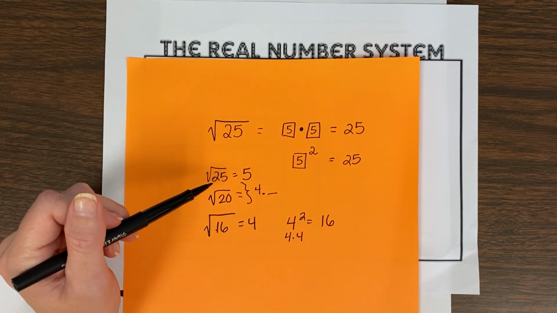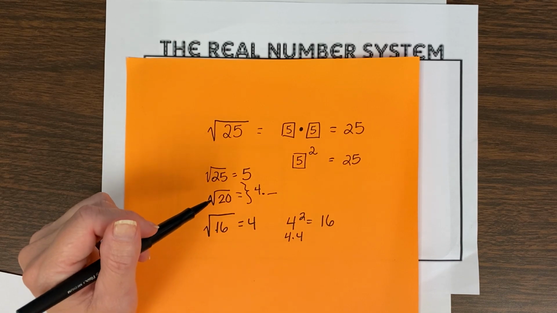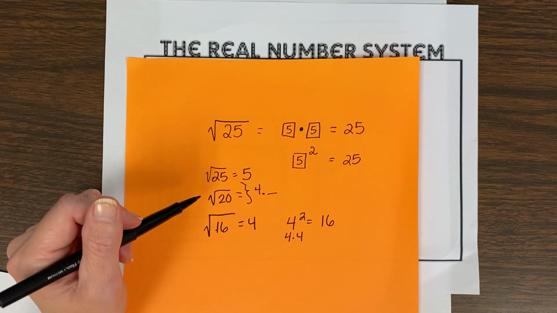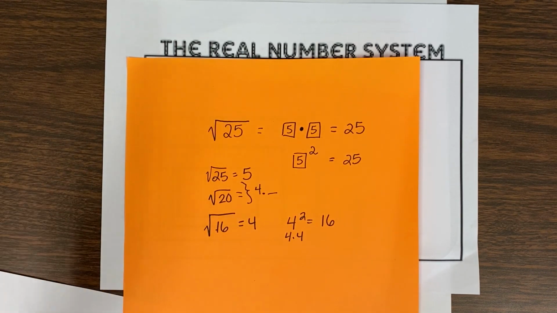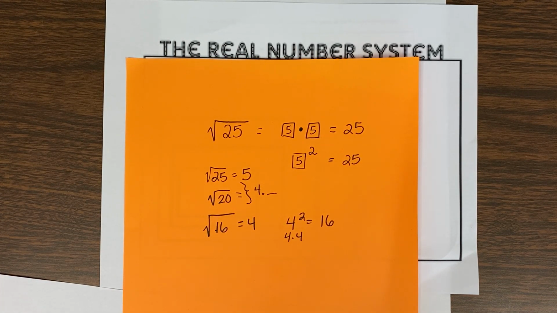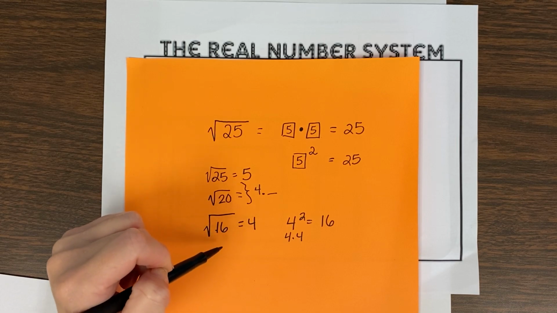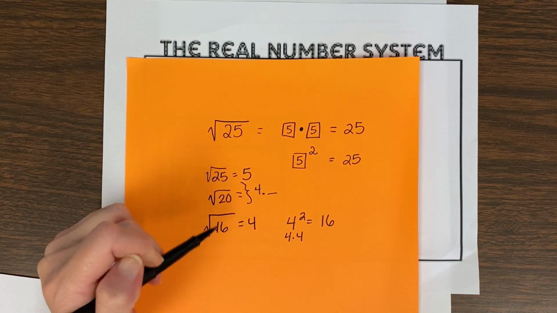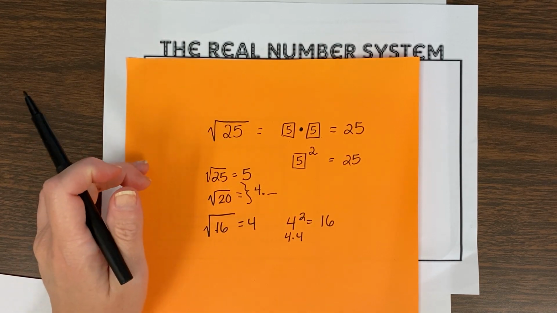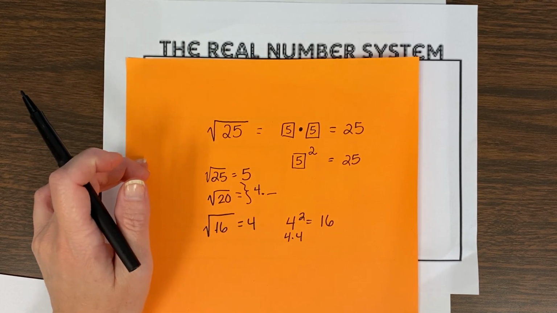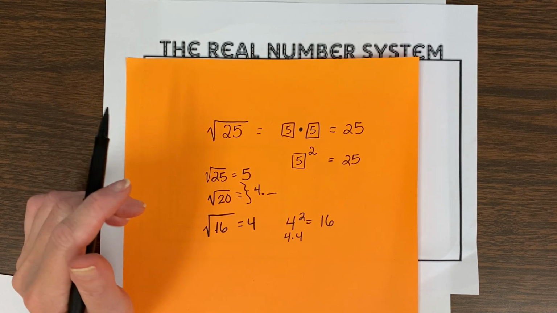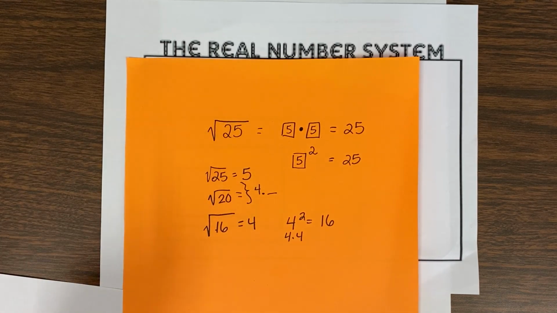In fact, some are really, really messy. Some of them go on forever and never repeat. So if you aren't sure, you should take out a calculator. You have probably one on your phone, or hopefully you have a calculator somewhere that you can use on your Chromebook, and just play around with the square root symbol. So if you take the square root of numbers, you can kind of look at it right away, the answer that it comes out to be, and probably identify whether it's going to be rational or irrational.